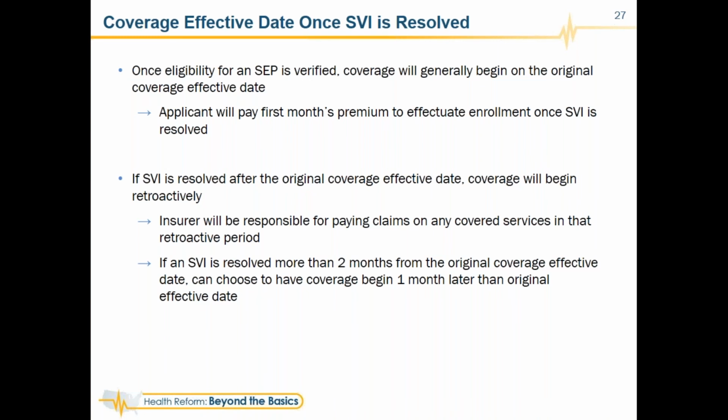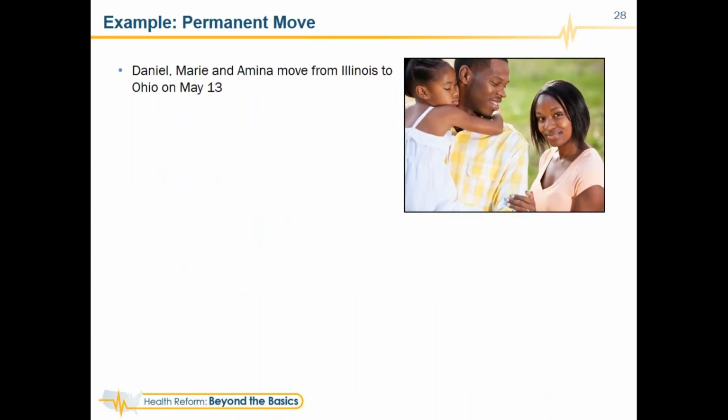When a person has one of those SEPs and is trying to enroll in coverage with the SEP, they're now required to verify eligibility for that SEP. So the short way of describing when that person has a requirement to verify an SEP is SVI, which is a big mouthful. So I just wanted to pause for a second and make sure that folks are clear, especially if you missed that one slide.